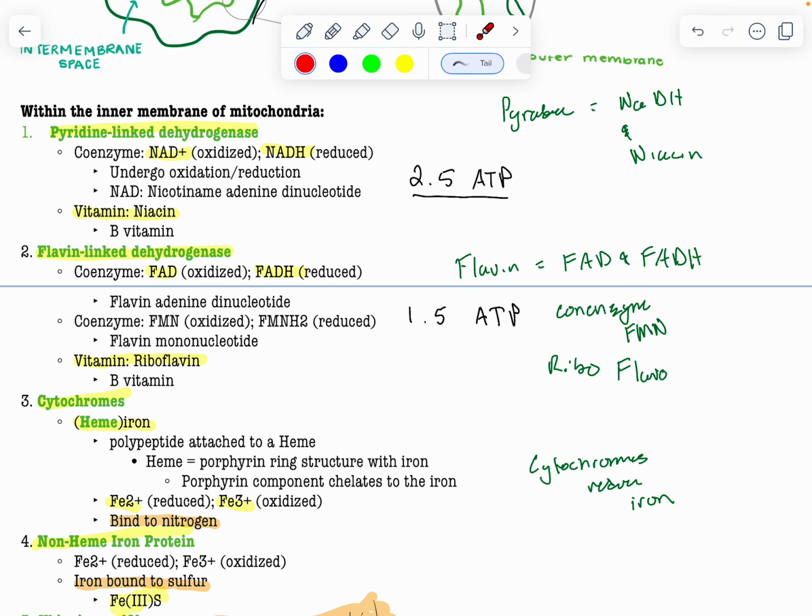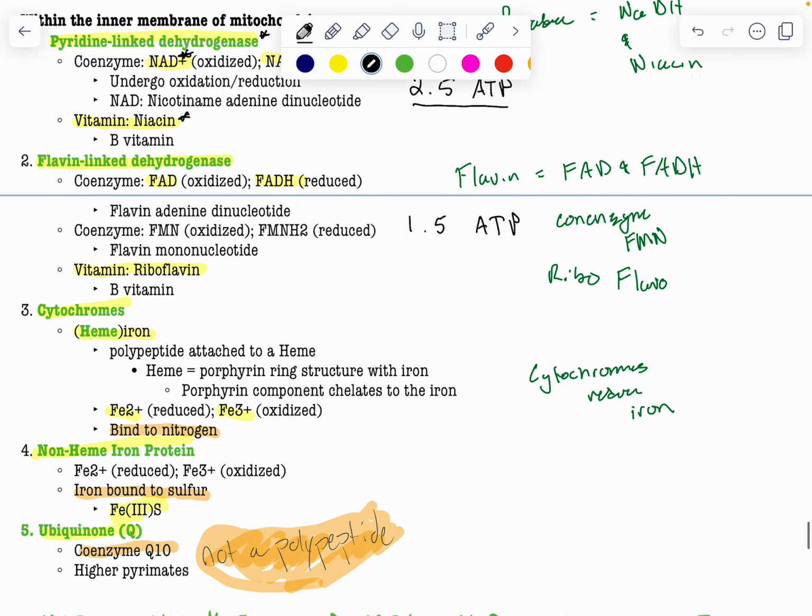Anytime you see pyridine-linked dehydrogenase, I want you immediately thinking of NAD plus and NADH. These are star topics right here. And lastly, our B vitamin that we need to know is niacin. We need to know niacin goes with NAD and NADH, and it's pretty easy to memorize because they're all N's, and it goes to pyridine-linked dehydrogenase.